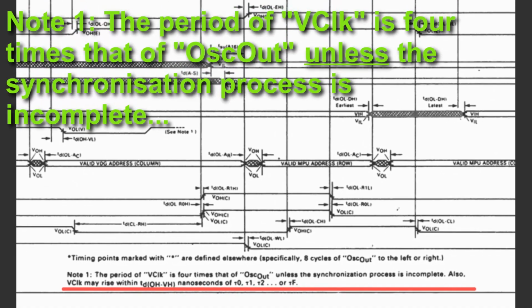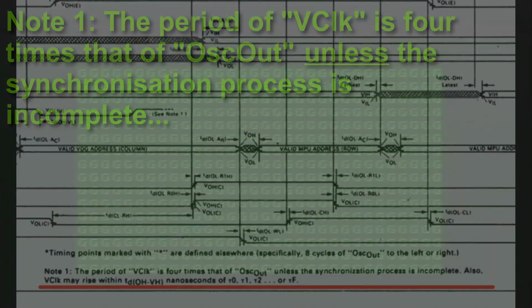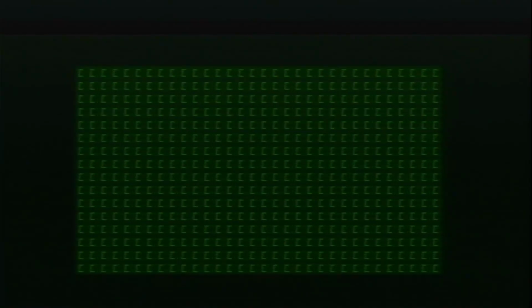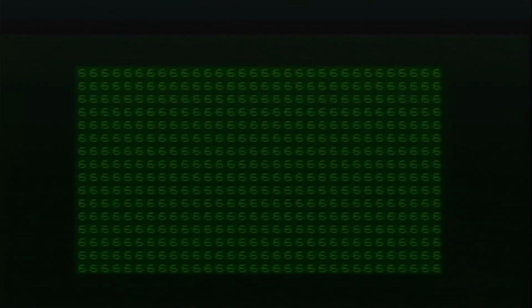The problem is that the VDG has no idea whether it is in phase or not, but it absolutely must maintain the phase once established. Any mistakes result in the video clock vanishing, and this in turn causes the synchronization of the video output to be disrupted. In the real world, this appears as a flickering top left corner of the screen that wobbles around.